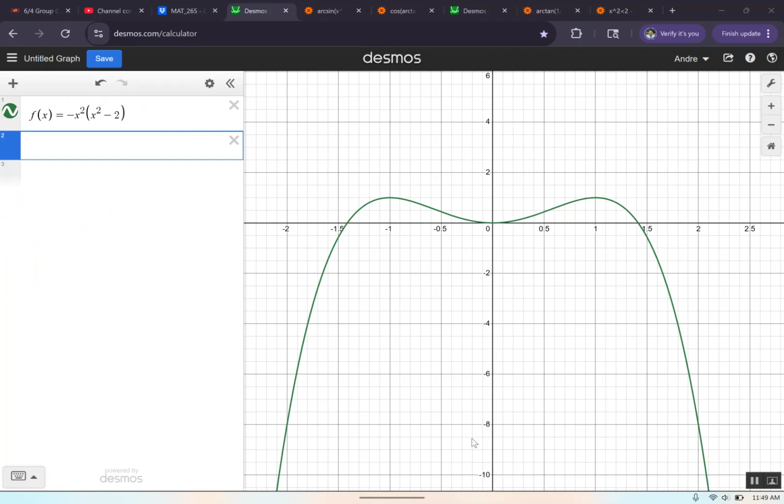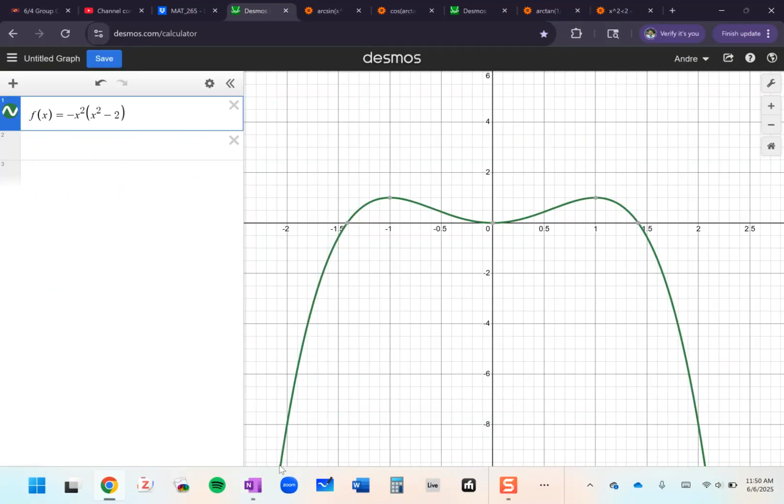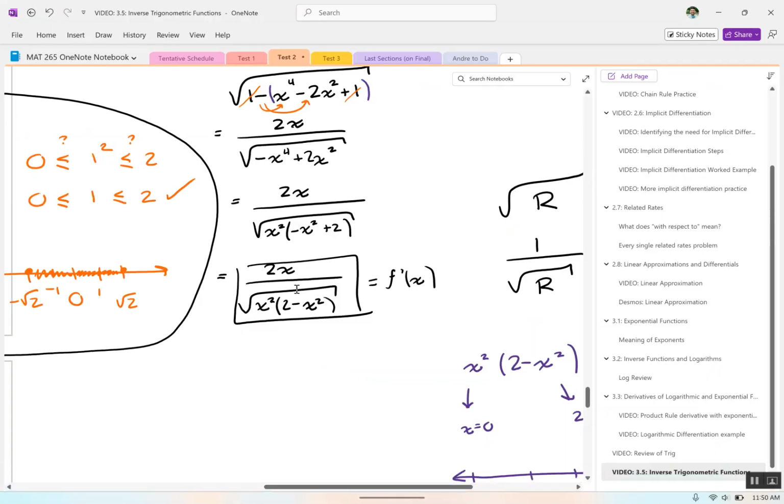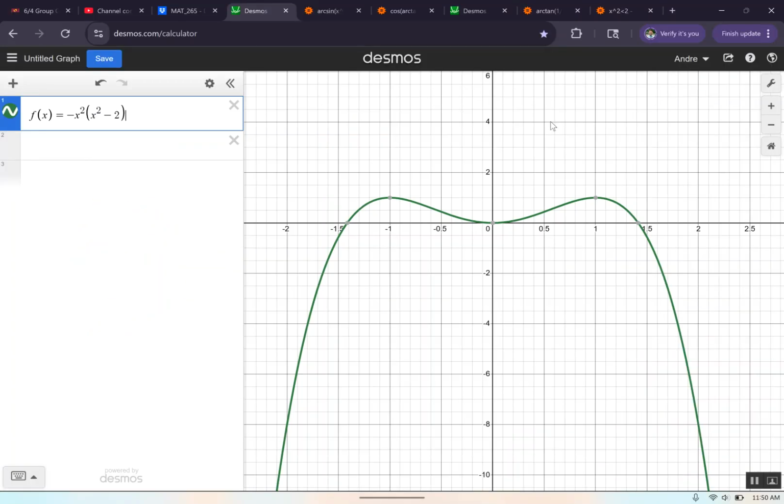So one way to do that kind of quickly, right? We have negative x squared times x squared minus 2. Is that the same thing that we got? X squared times, yeah, we just had the negative pulled out. So what we have is the same. So anyway, where is this guy positive? Well, from negative root 2 to root 2, it's not positive here, where we're getting 0 out, right? Because if I put 0 into here, then this whole thing will become 0.